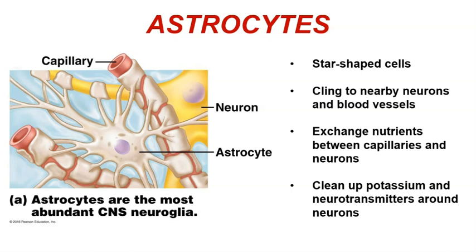One of the functions of astrocytes is to help facilitate the exchange of nutrients between the small capillaries, the small blood vessels in the central nervous system, and the neurons that are nearby. The astrocytes also function to clean up excess neurotransmitters as well as excess potassium ions in the space surrounding the neurons.